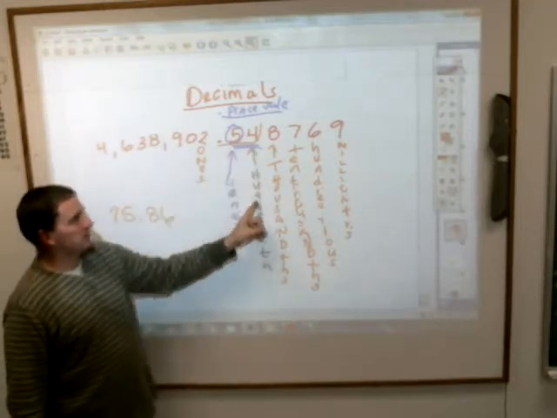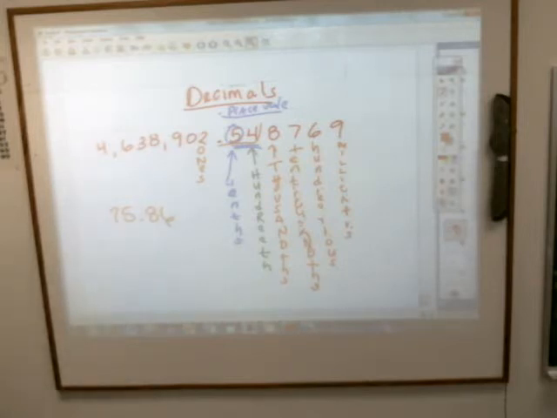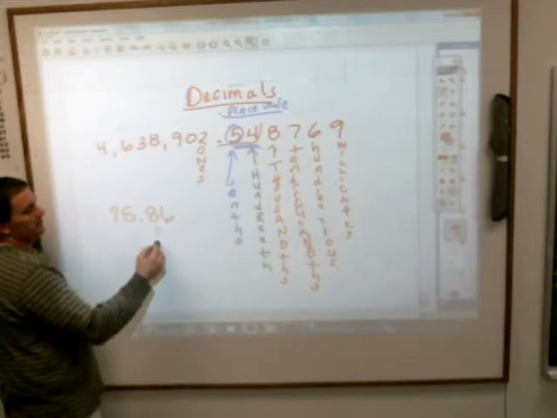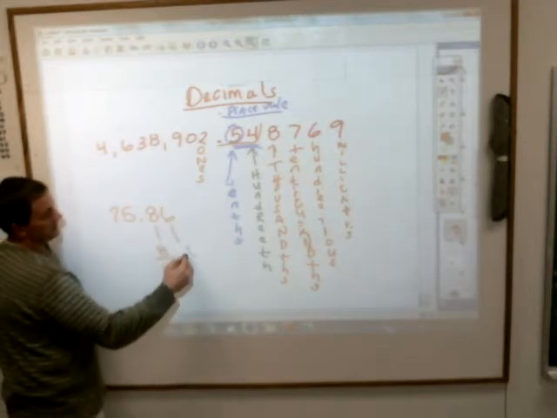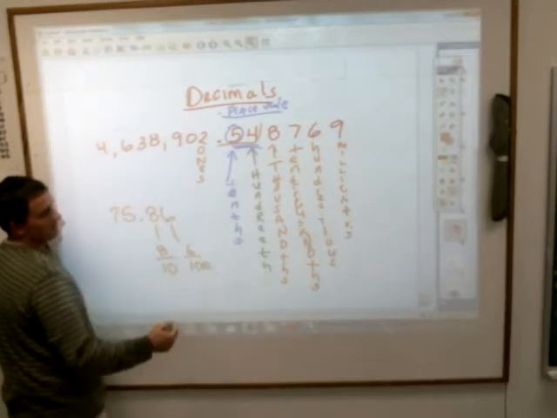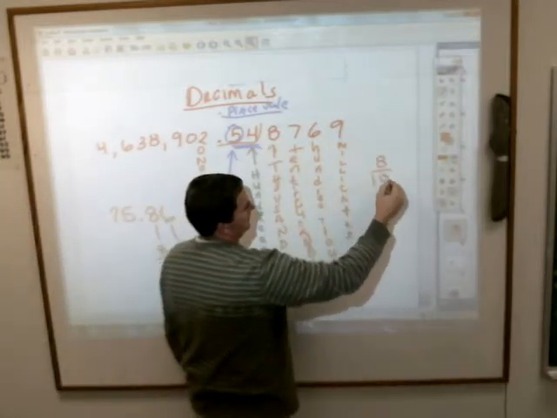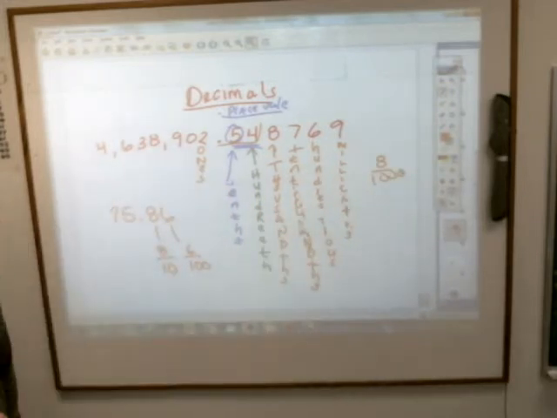The second place after the decimal is the hundredths place. Which means this, by the way, if you're making fractions out of these things, this means 8/10ths. This means 6/100ths. This would be 8/1000ths. As you get farther and farther away from the decimal, those fractions keep getting smaller and smaller. I think that's the whole spiel for today.